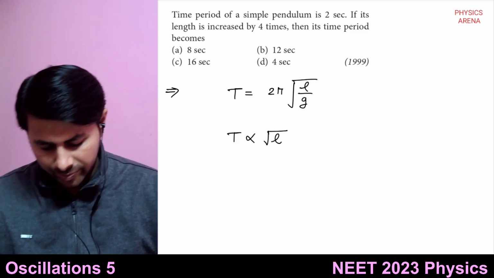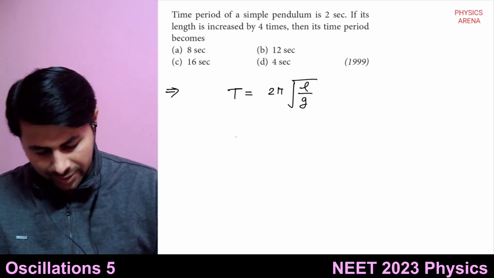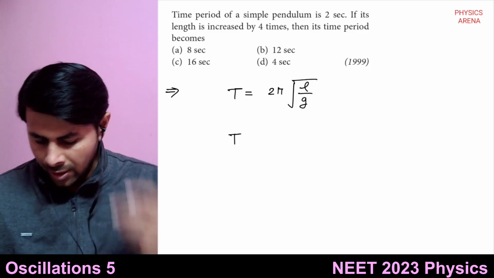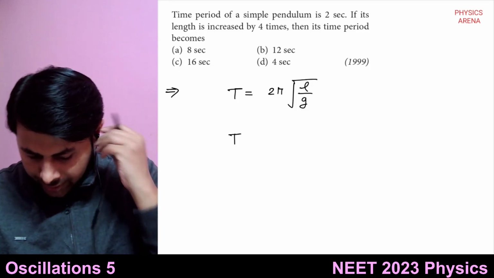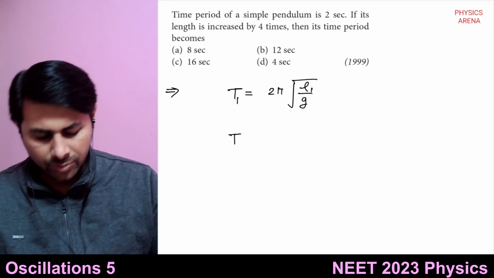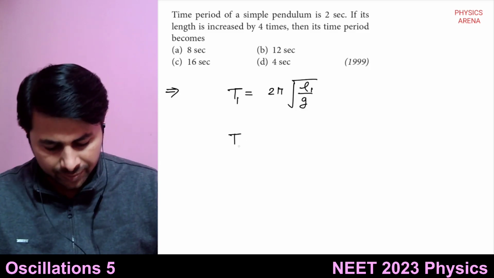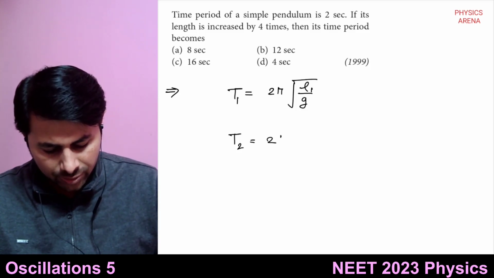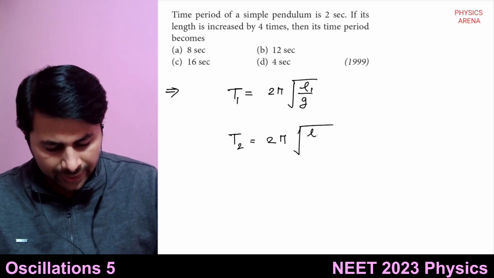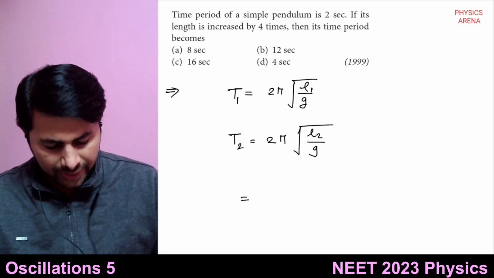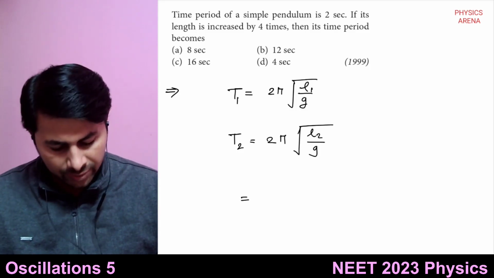So length becomes 4 times. So T1 equals 2 pi root of L1 by G. T2 equals 2 pi root of L2 by G. And L2 equals 4 times L1.